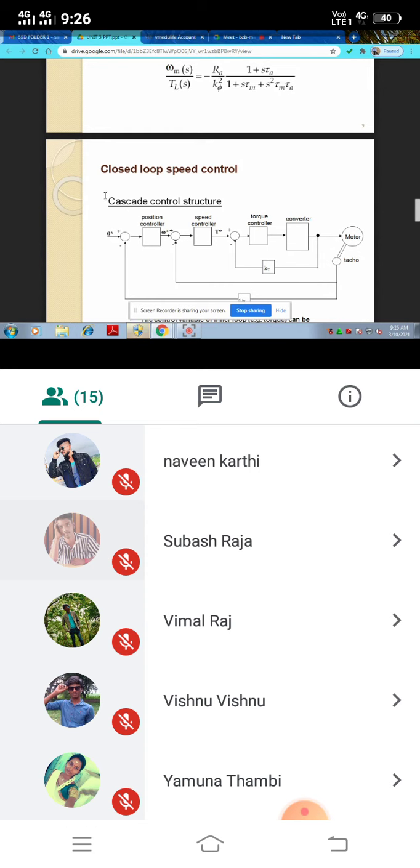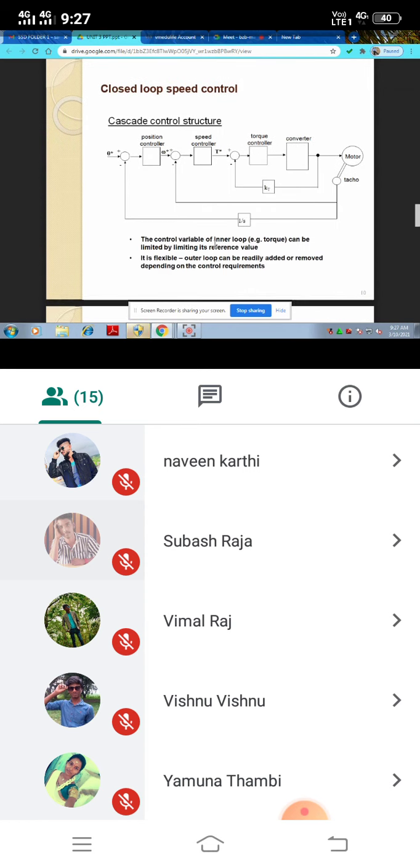If the design blocks are connected in series, and those blocks control or make the closed loop path, that whole design is called the closed loop speed control cascade control structure design.